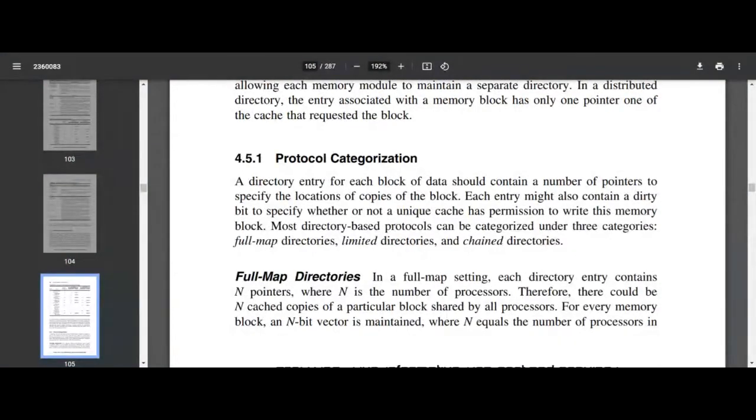So the protocol categorization actually lies in the structure of a memory directory. When you are deciding on protocol categorization, it is based upon the number of blocks of data and the number of pointers to specify the location.